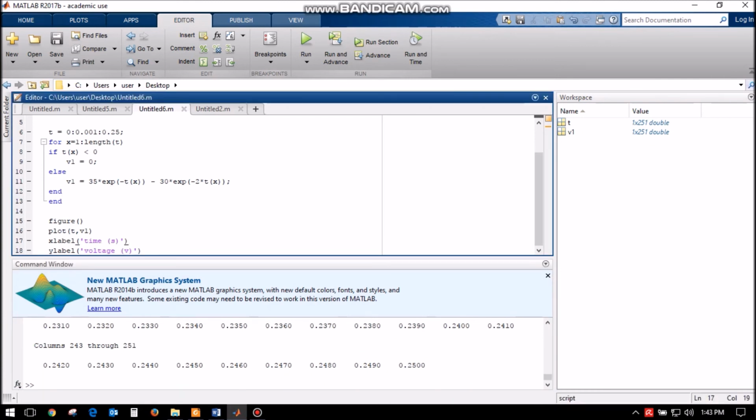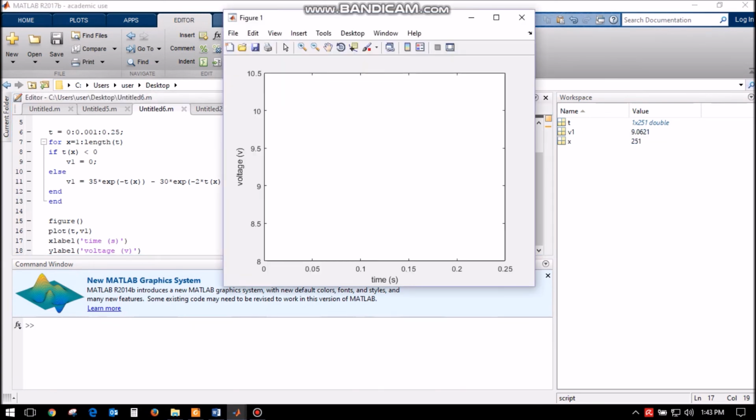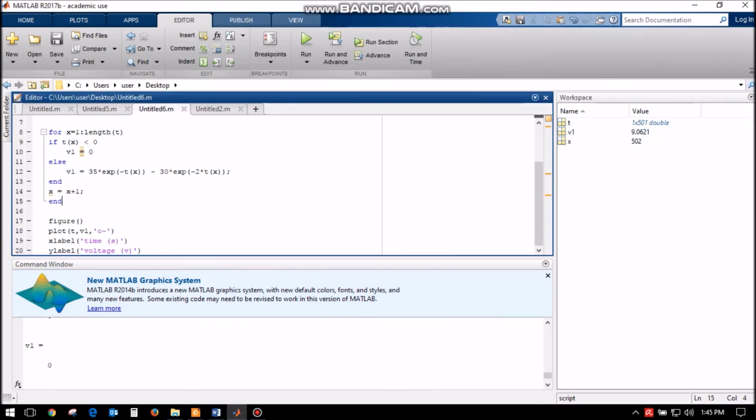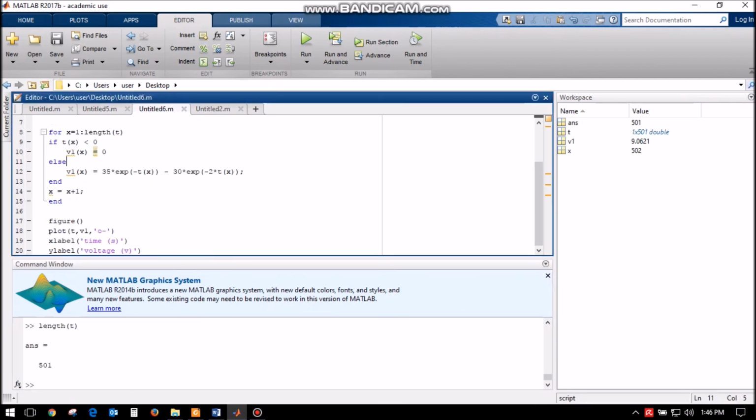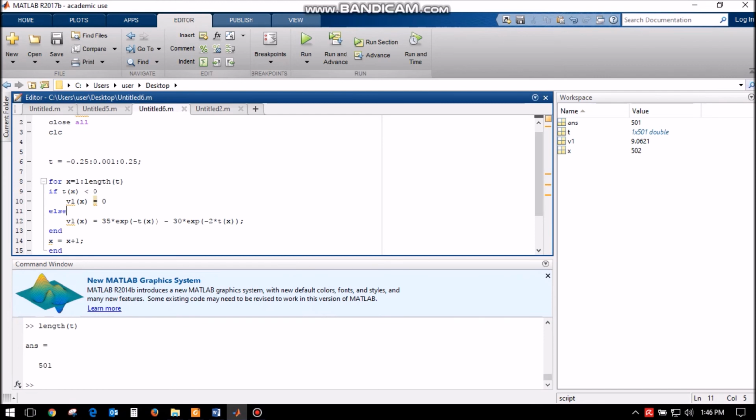So let's try if it's working. Actually, I forgot to put the x here. So x is from 1 to 501, so we will calculate v1 for 1, 2, 3, 4 until 501, which refers to the t.